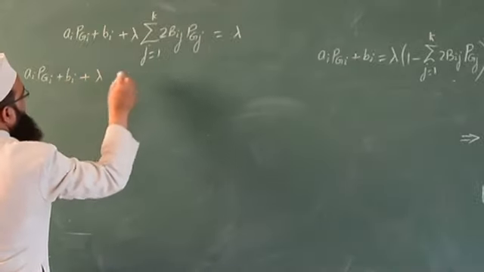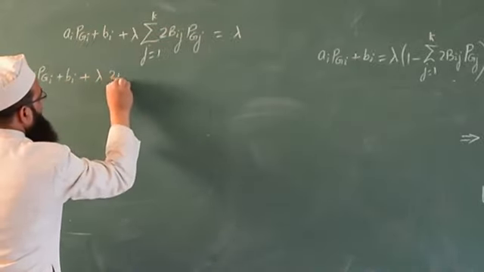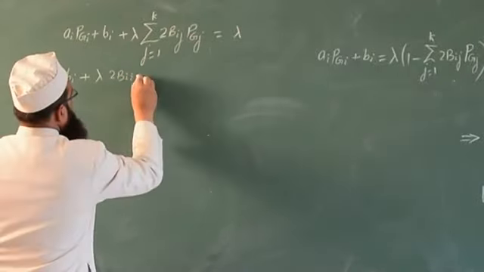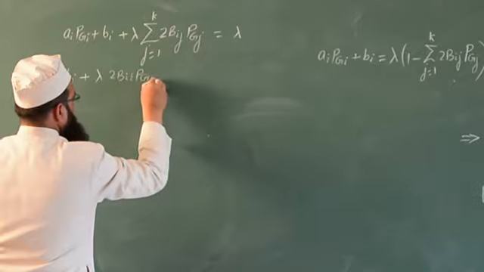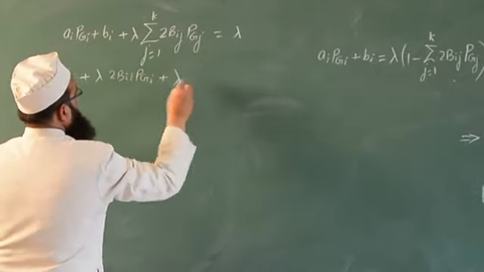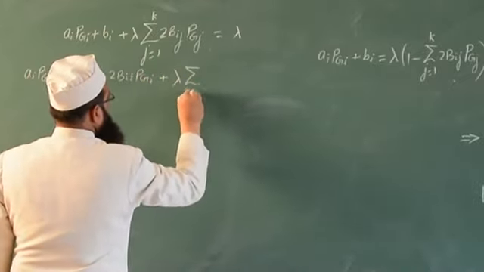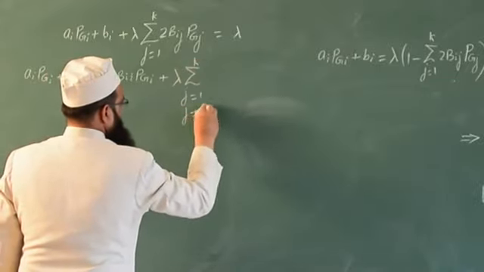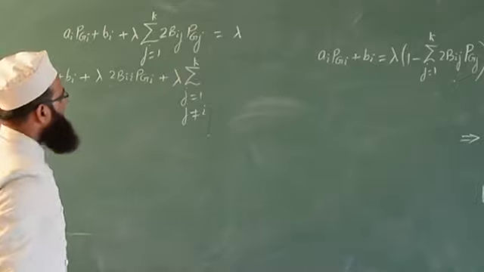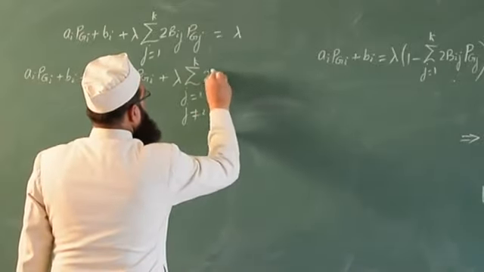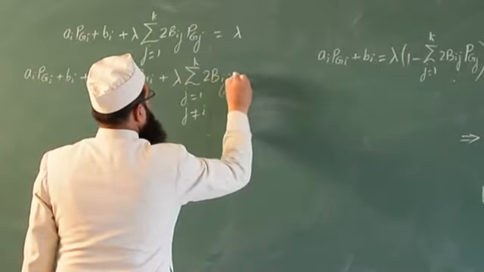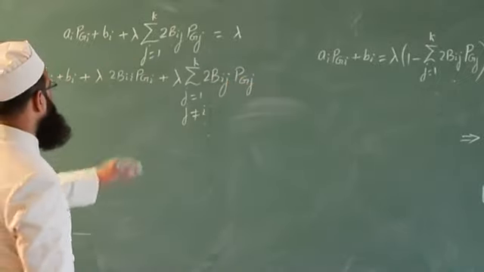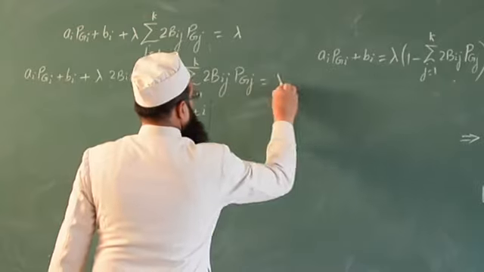So we can write lambda, the ith term will be 2 Bii PGi, because j equal to i will give Bii PGi, plus lambda, write this except the ith term, j is equal to 1 to k, j not equal to i, 2 Bij PGj, is equal to lambda.